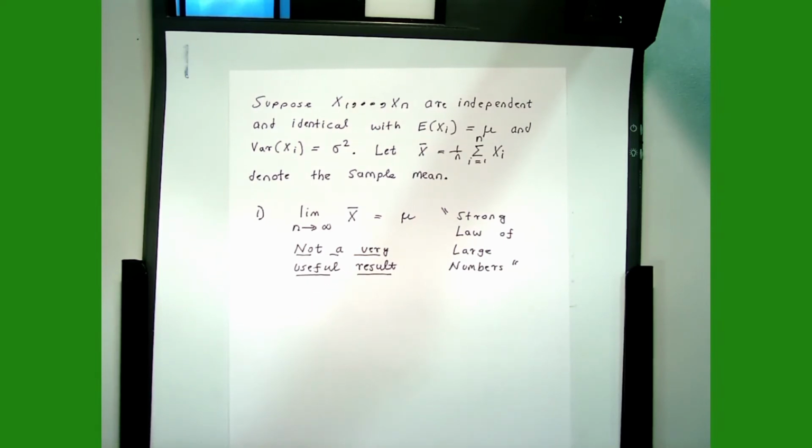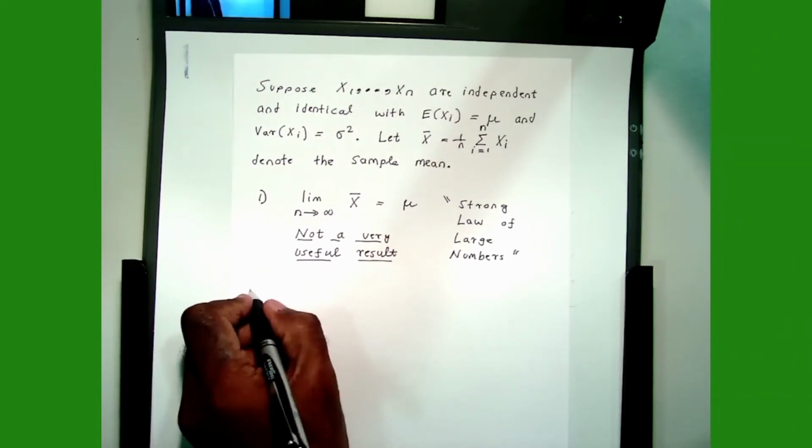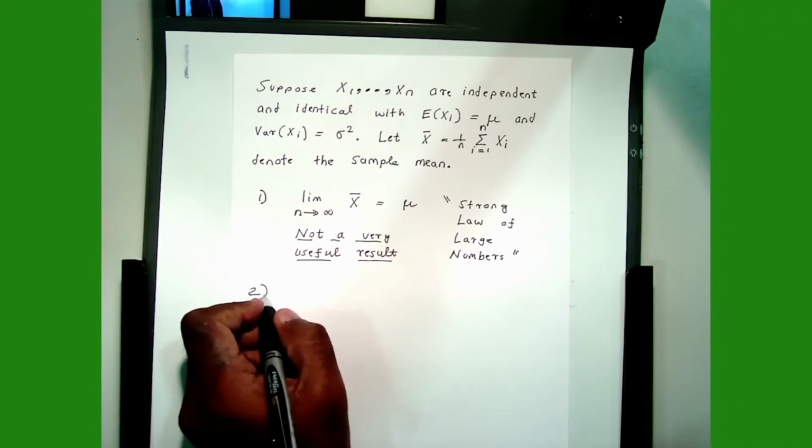Just like we saw in the previous slide, when you take the limit of the distribution of Mn, what you get is a distribution that takes either 0 or 1, which is not useful, right? All right, now let's look at the second result on X bar.